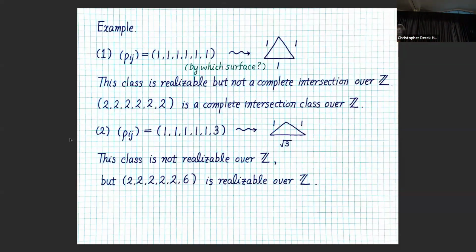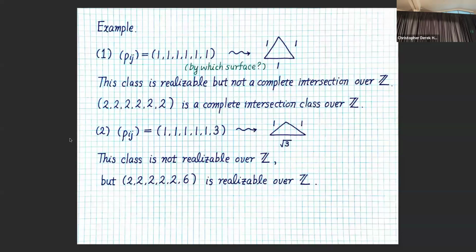Okay, so here are some examples. Consider the case of 1, 1, 1, 1, 1, 1, which corresponds to the triangle 1, 1, 1. So this point belongs to T-everything. And this class is realizable over Z, but it is not a complete intersection class. I'll leave it as an exercise to justify the assertion that this is a realizable class.